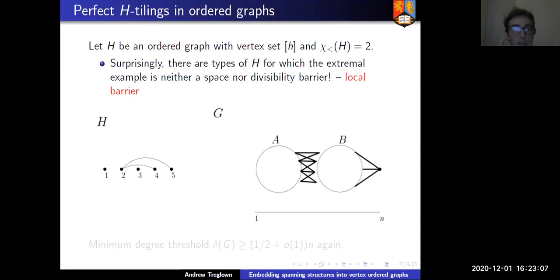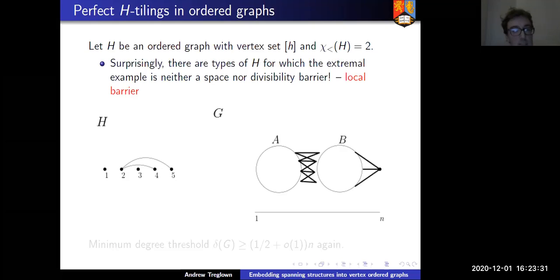Precisely one other type of thing goes on in the interchromatic number 2 case. So again, H is an ordered graph with interchromatic number 2. There are some types of H where the extremal barrier is neither a space nor a divisibility barrier. It's what we call a local barrier, and you'll see exactly why we call it a local barrier in a second.